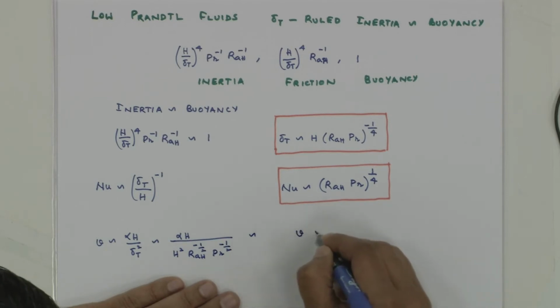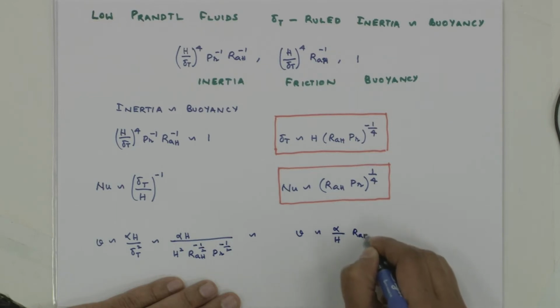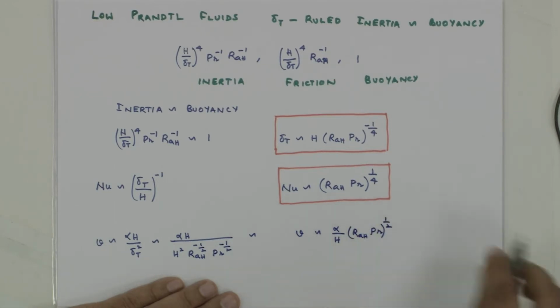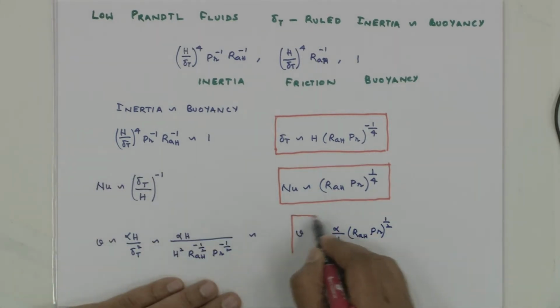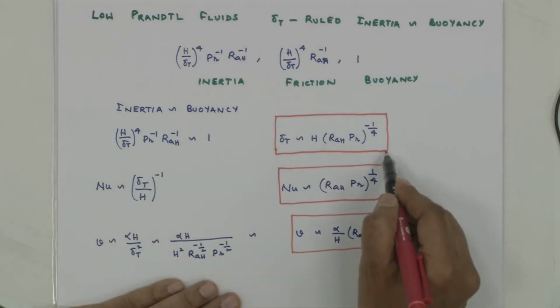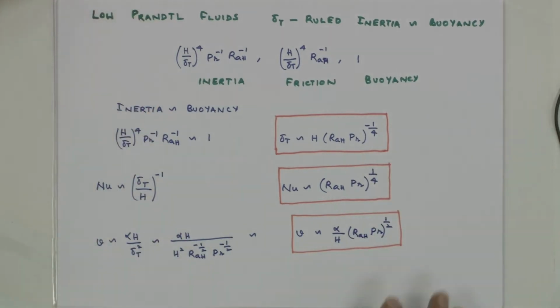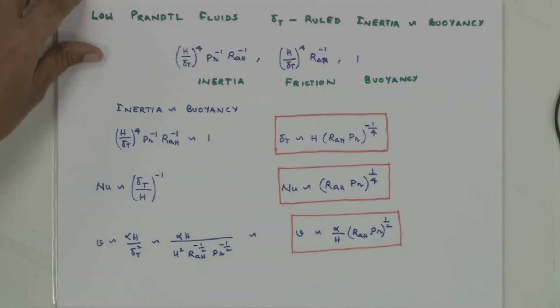So, V is of the order of alpha by h Rayleigh into Prandtl to the power of half. So, as Rayleigh number increases, my velocity increases. So, these are the three scales which we have gotten for low Prandtl fluids. These results again, as I say, are confirmed through experiments and closed form solutions.